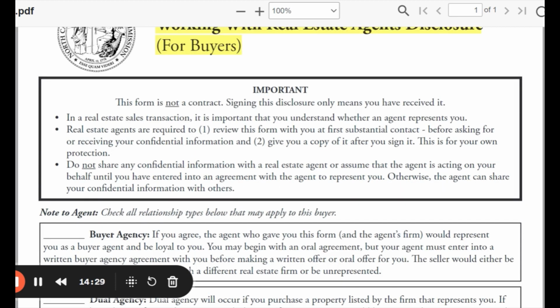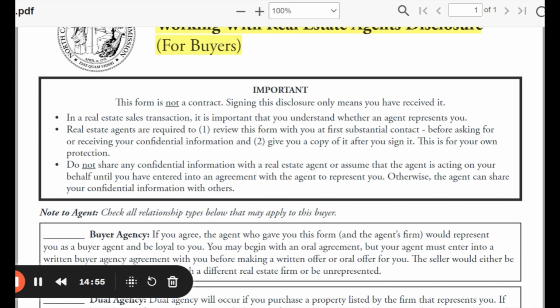Signing this disclosure only means that you have received it. In a real estate sales transaction, it is important that you understand whether an agent represents you. The real estate agents are required to, number one, review this form with you at first substantial contact and before asking for or receiving your confidential information, and number two, give you a copy of it after you sign it.